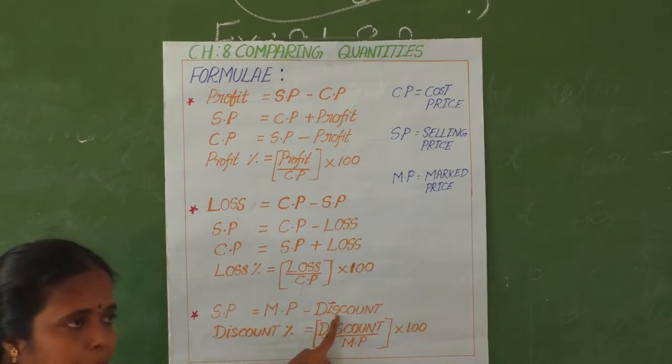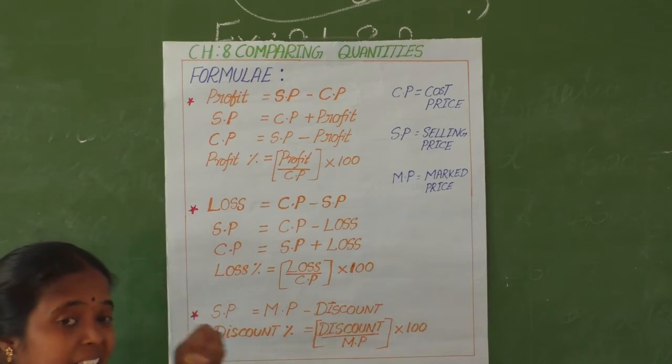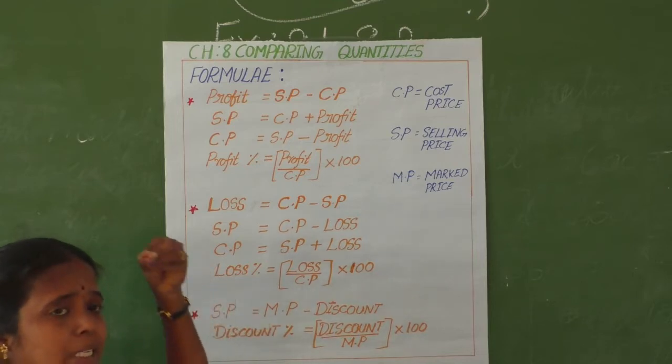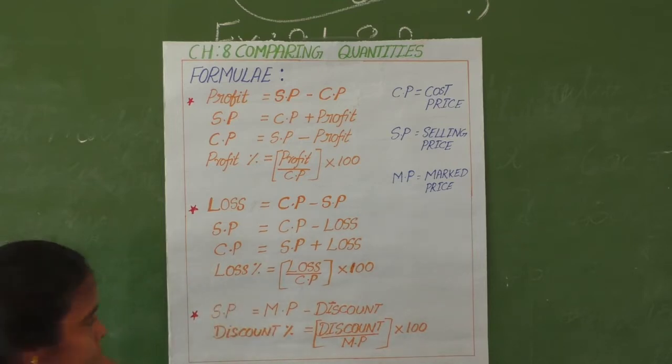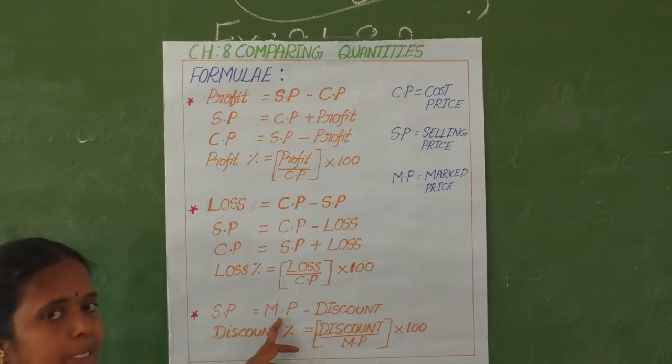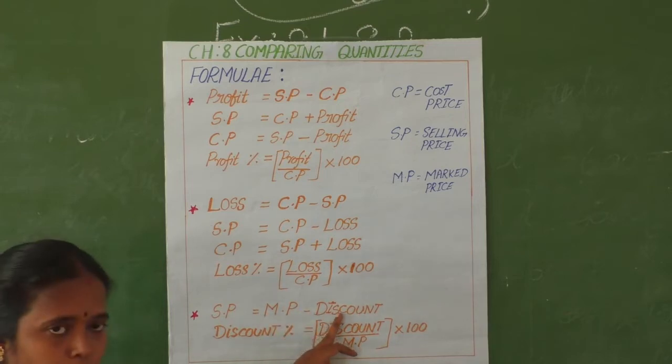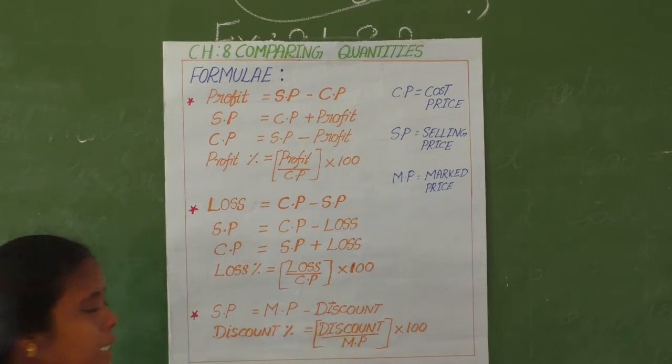Sales price equal to marked price minus discount. Discount is the reduced value on the list price of the particular object. So sales price equal to marked price, nothing but list price, minus discount amount. Discount percentage, how do you find it?